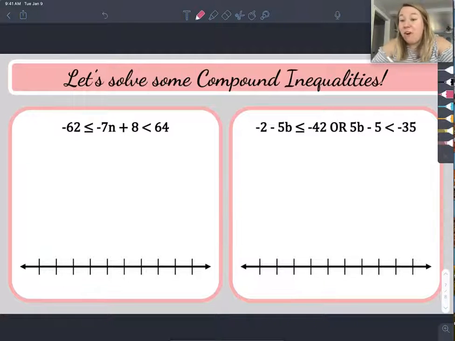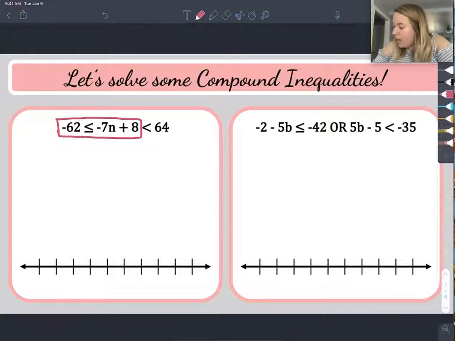So my first inequality from this and statement is going to be -62 is less than or equal to -7n plus 8. So it's kind of the first half here. Then my second inequality is going to be -7n plus 8 less than 64.